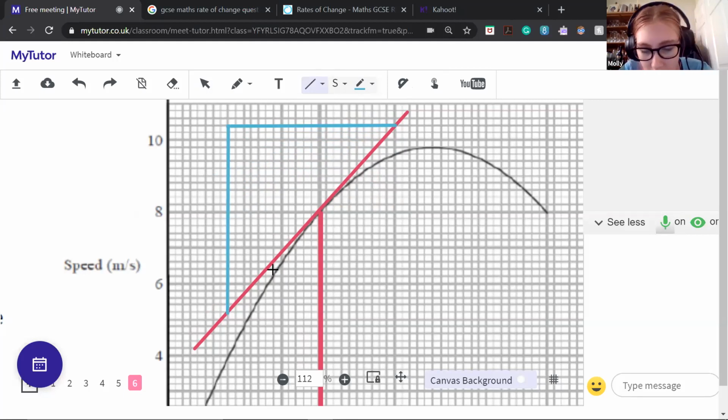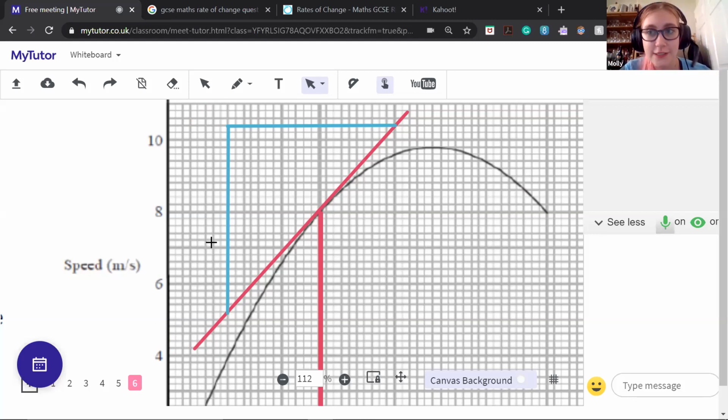So let's see what our y value is. What's our scale? 2. So 5 squares is 1, so each mini square is 0.2. So this goes from 10.4 down to 5.2.